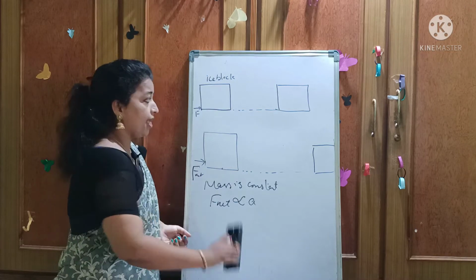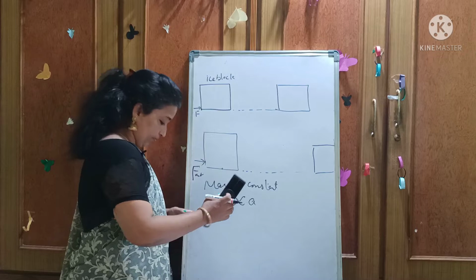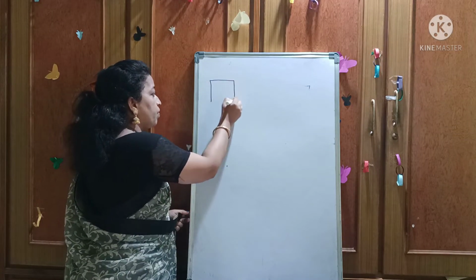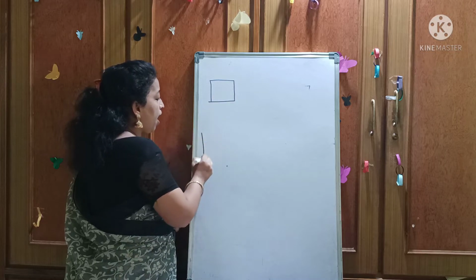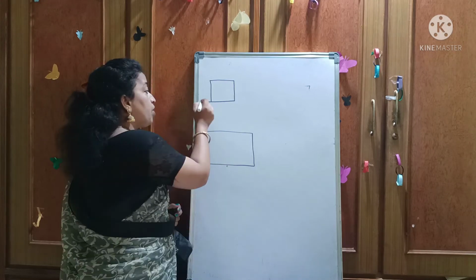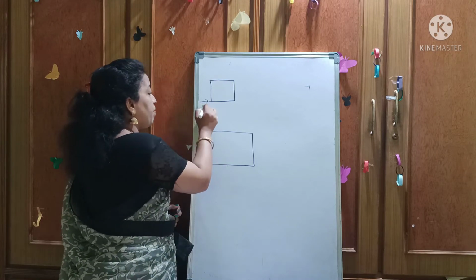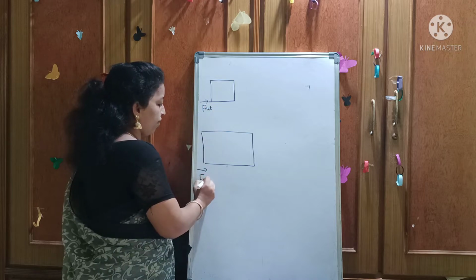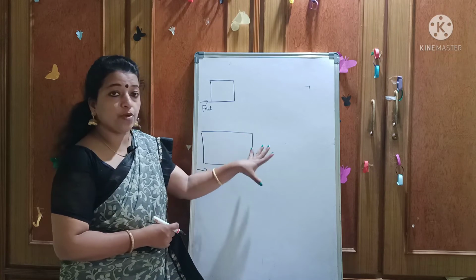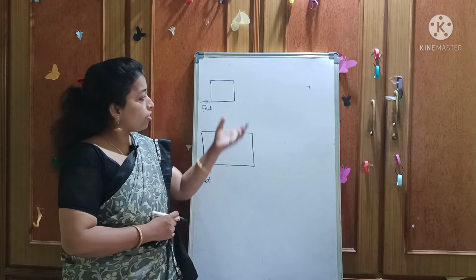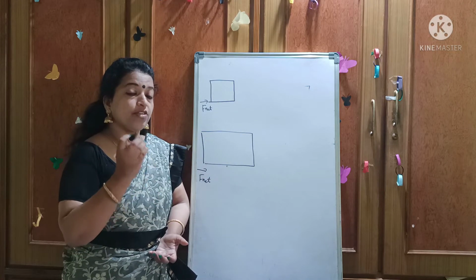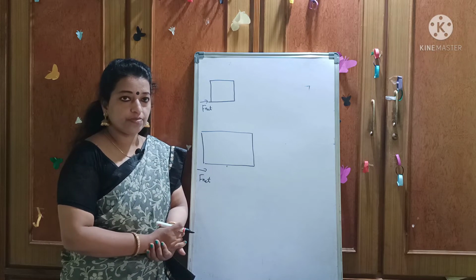Okay, so now another case. In the second case, I am taking two ice blocks of different mass, one smaller ice block and one larger ice block. To both ice blocks I am giving the same net force. Can you tell which ice block has greater acceleration, the smaller or the larger?